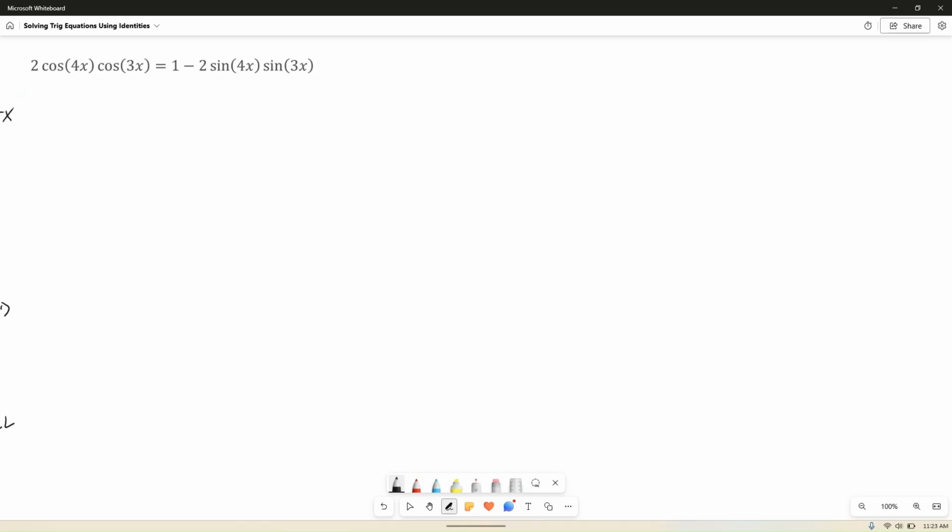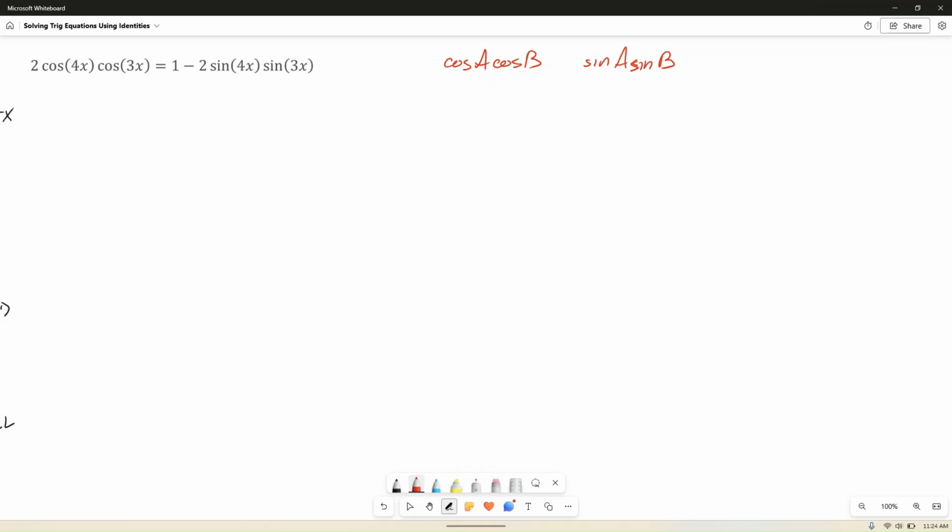We have a cosine times a cosine, so you might be thinking cosine of A, cosine of B, a product to sum identity. We also have a sine of A and a sine of B. So again, you could be thinking I have to use a product to sum identity twice, and you can, it'll work.